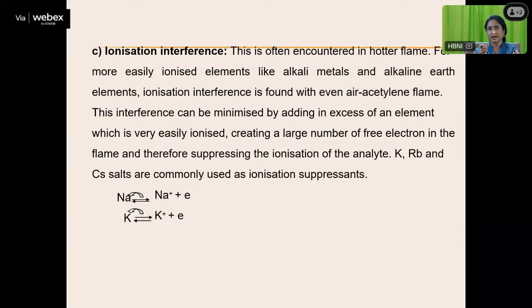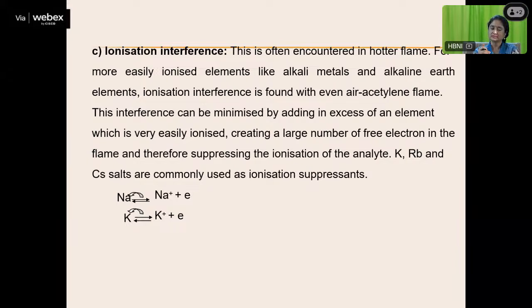Like sodium, as I showed you in the previous slide, the 3s to 3p is the most probable transition. But if sodium is ionized, the 3s electron is lost. So now there is no electron in 3s to give that transition of 589 nanometer, which is the most probable absorption line of sodium. Therefore, we have to suppress the ionization.